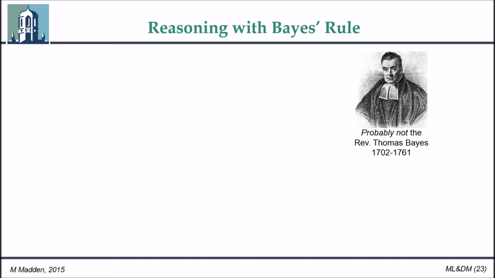Here is a picture of somebody who was, as it's noted there, probably not Thomas Bayes. This is about the only illustration you'll ever find of Thomas Bayes, but it's disputed as to whether it's him or not, and it probably isn't him.